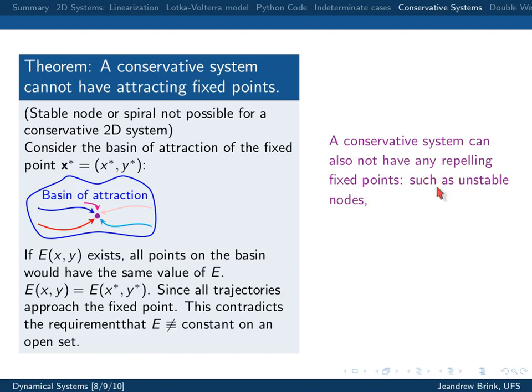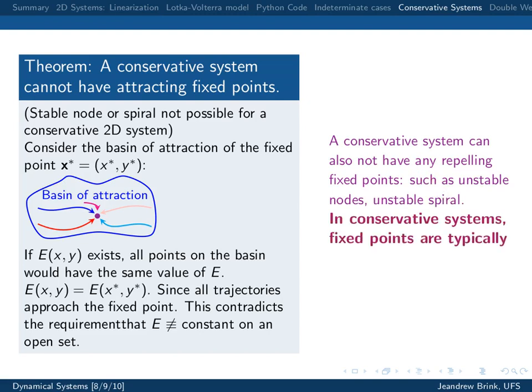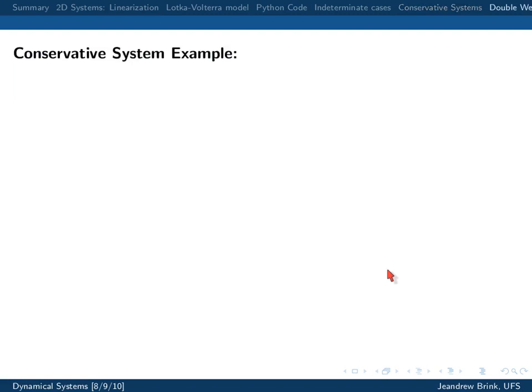Okay, so there's no such thing as a stable node or an unstable spiral. And so the conclusion of this theorem is that in conservative systems, fixed points are typically centers or saddles. And so that's one of the fundamental properties of our conservative system.